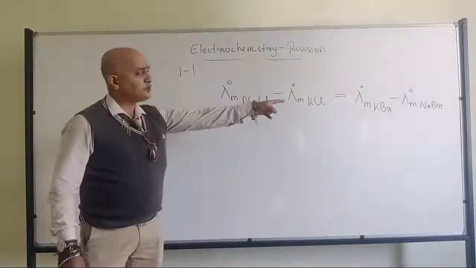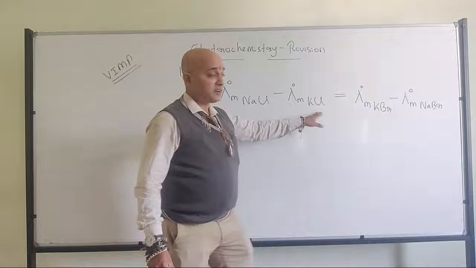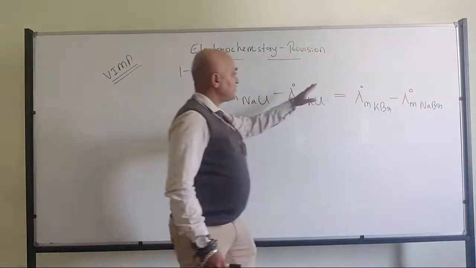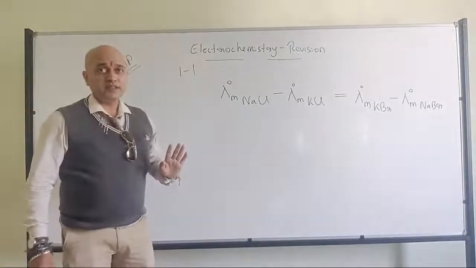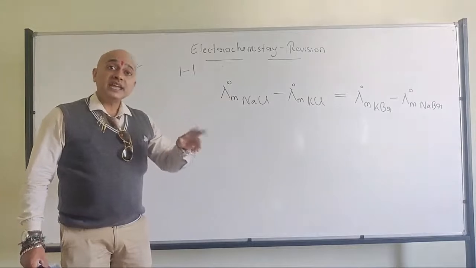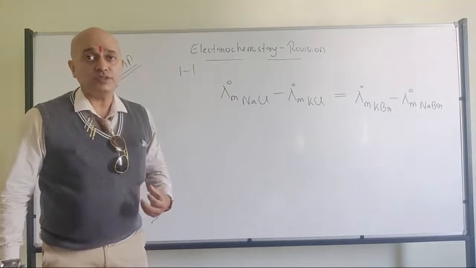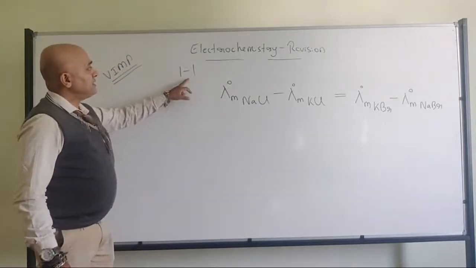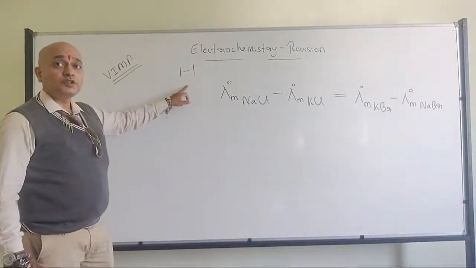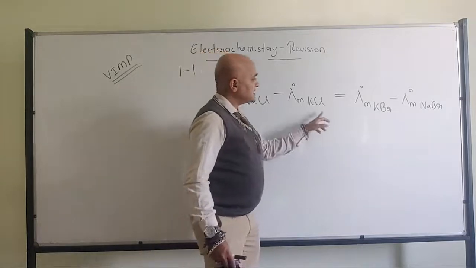No doubt NaCl is different, KCl is different, KBr is different, NaBr is different, because they are producing different ions, but they are producing the same type of ions. I am talking about the number of charges on those ions. All of them belong to the 1-to-1 category. So Na plus Cl minus, K plus Cl minus.